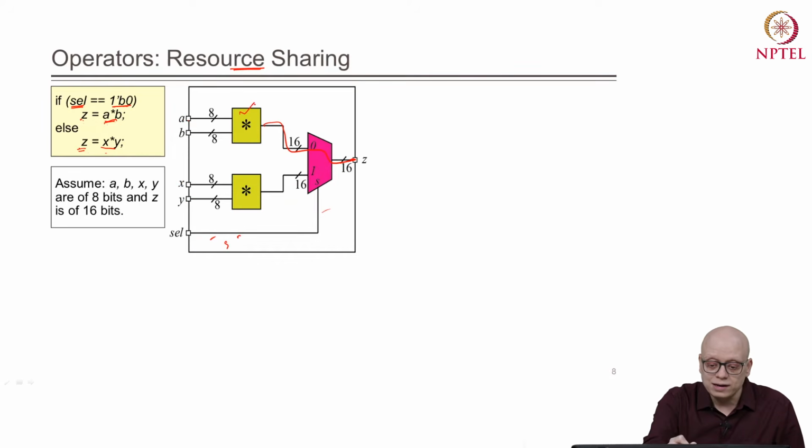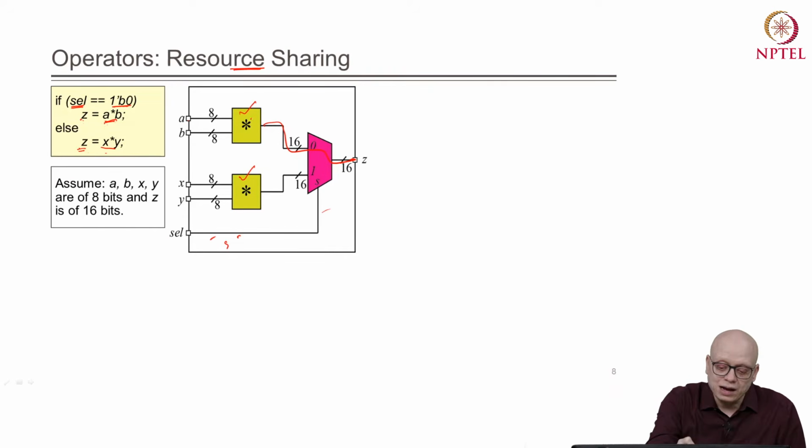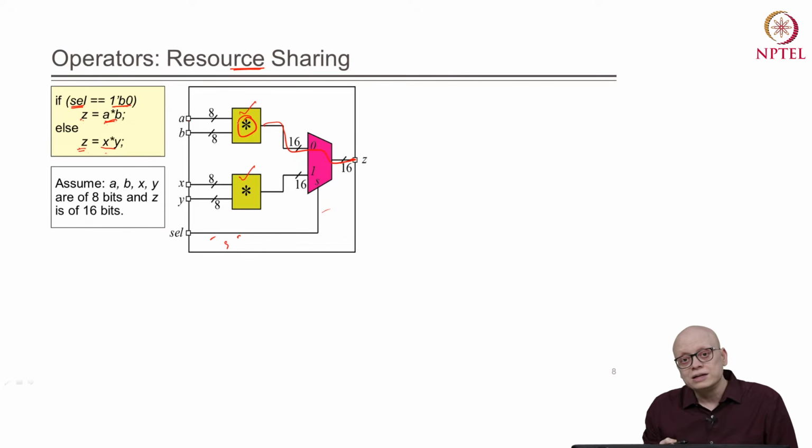Multipliers are very costly in terms of area, power and other figures of merit. So, if we are able to reduce the number of multipliers, then probably we can save on area, and other figures of merit can also improve.